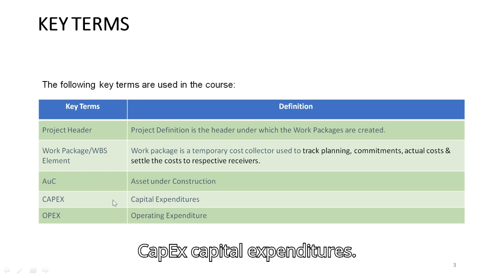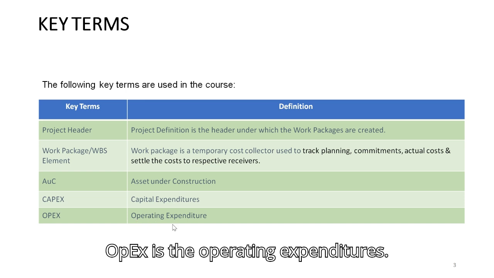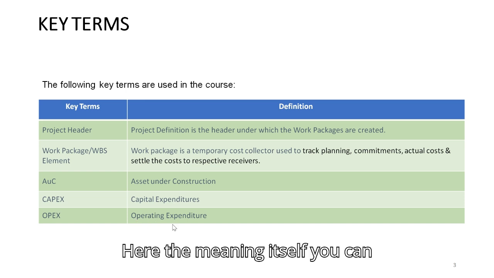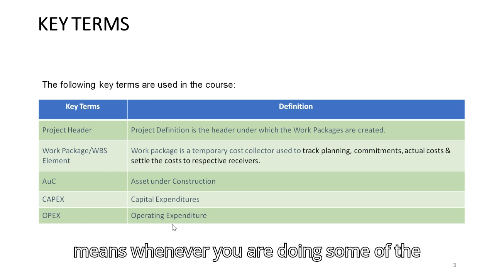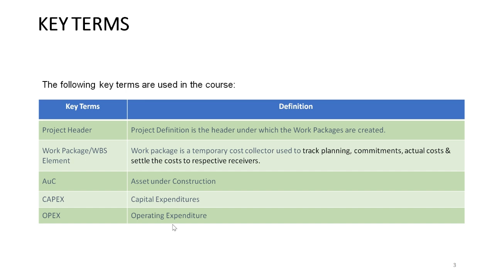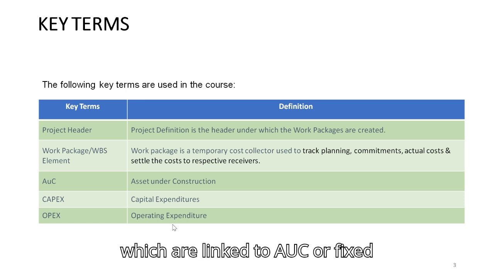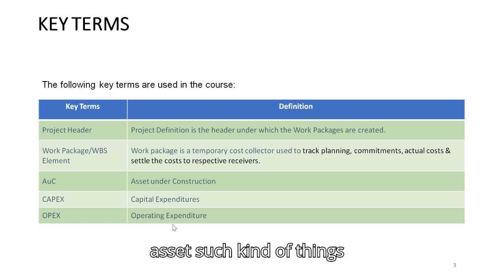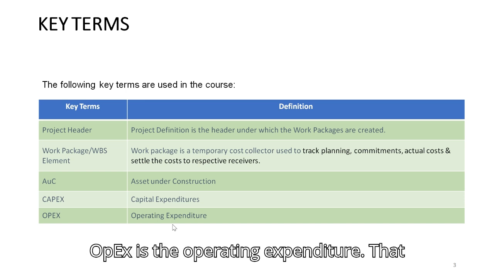Next is capex, capital expenditures. Opex is the operating expenditures. Here the meaning itself you can understand: capital expenditures. That means whenever you are making an investment in order to get a capital, all the capital expenditures which are linked to AUC or fixed assets, such kinds of projects which we build in our system are called capex. Opex is the operating expenditure.